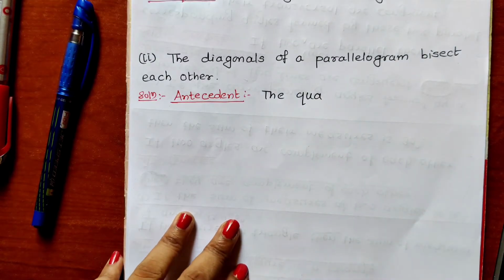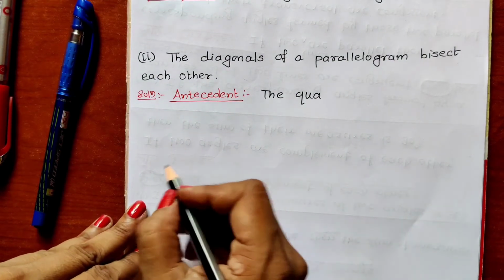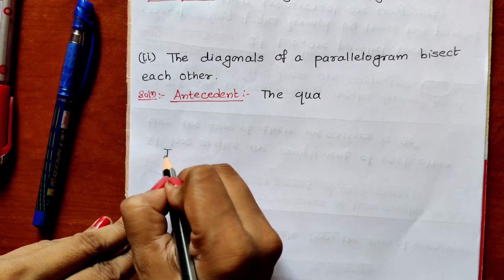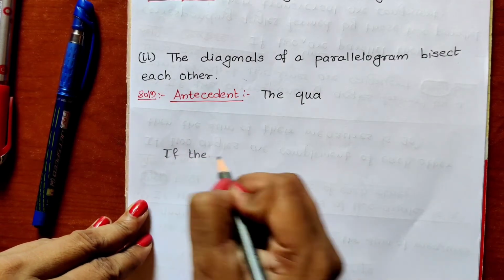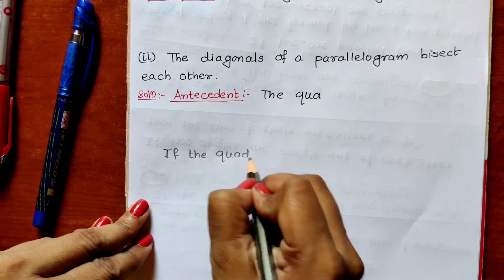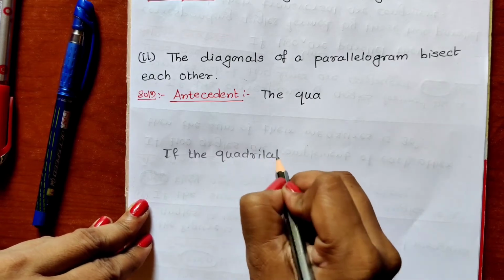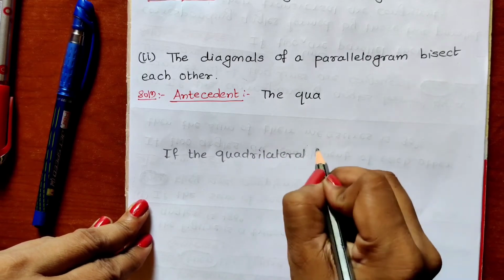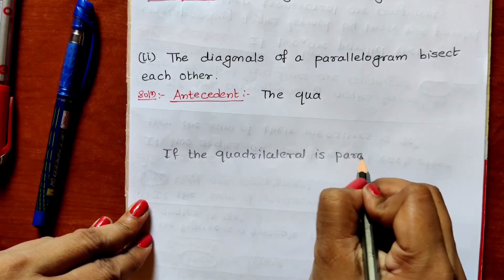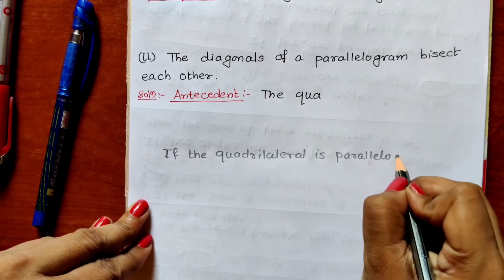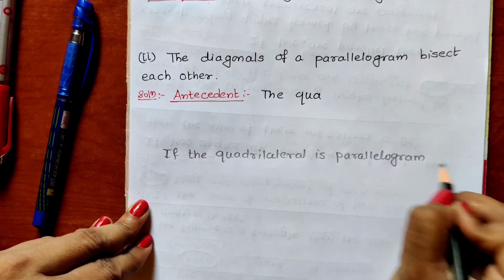If we want to write in the conditional statement, how we will be writing here? If the quadrilateral is parallelogram. We all know parallelogram is a type of a quadrilateral. We have learnt it in our 8th standard also.